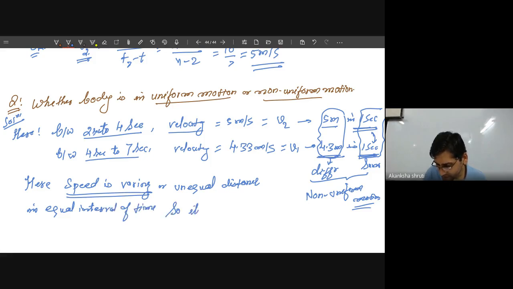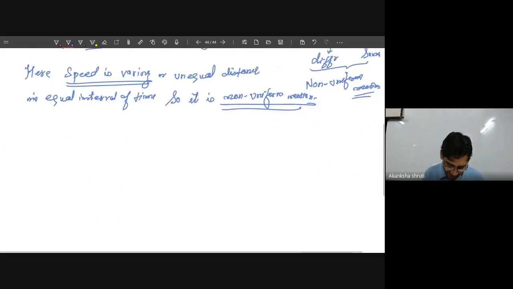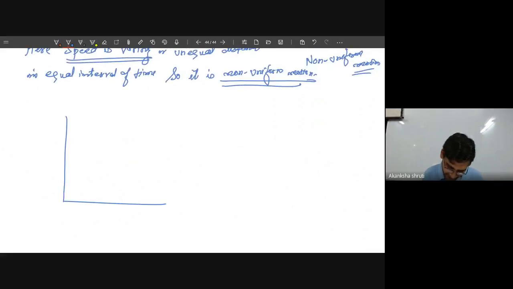So it is non-uniform. So students, here we have observed that our graph was like this. This was time, this was distance or position we have calculated.